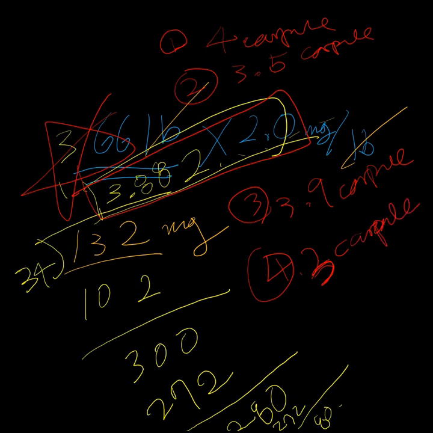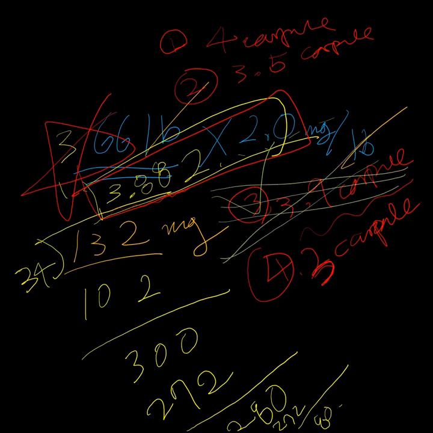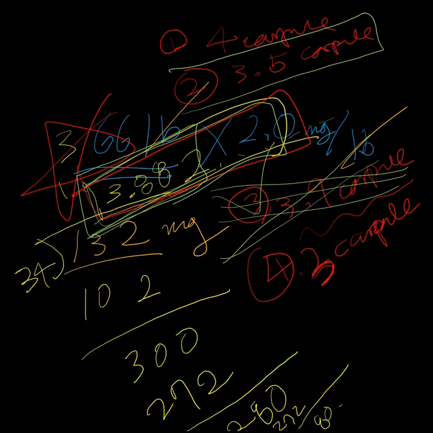What should be the answer? Some people think that 3.9 is closer than 3.5 to 3.88, so mathematically it is closer, so they might choose number 3 as the answer. Then it is wrong, okay? Because you should not exceed 3.88. So the closest one is always lower than this, and the closest one is 3.5 carpules. Got it? Hope you got it.